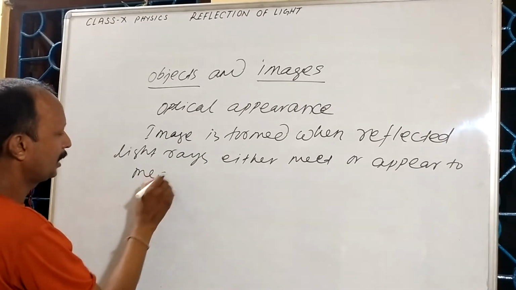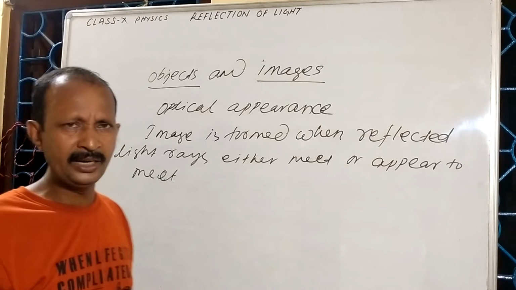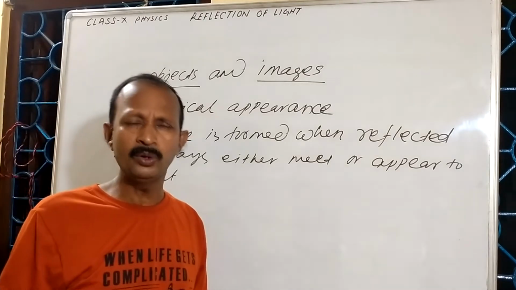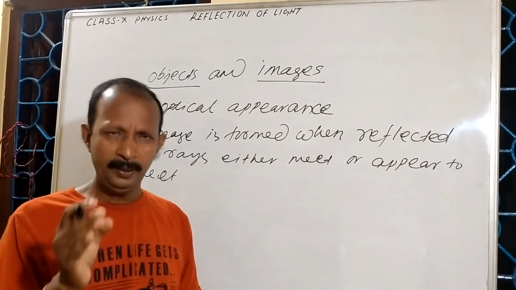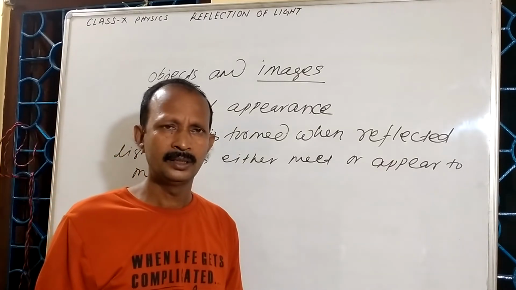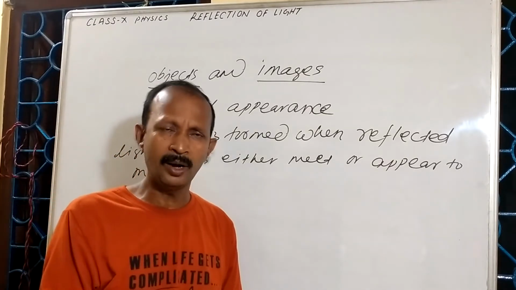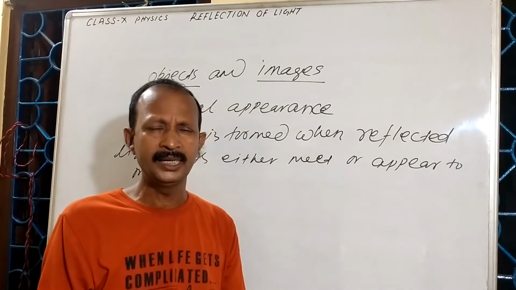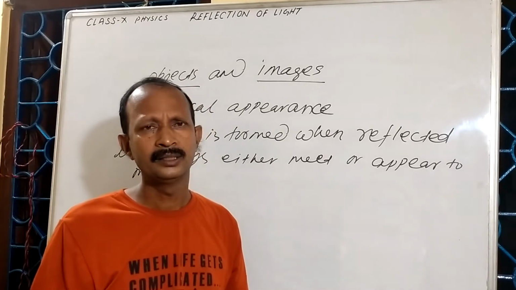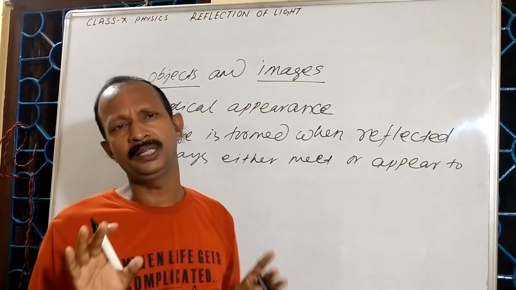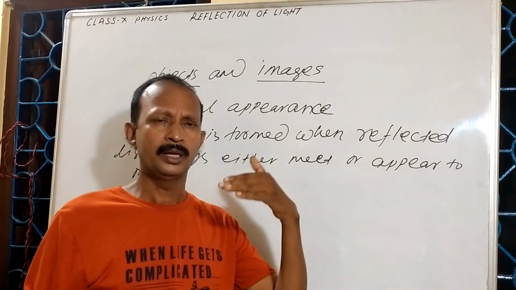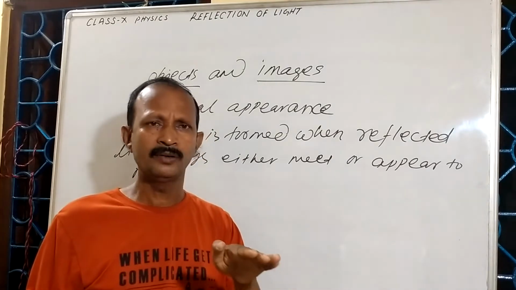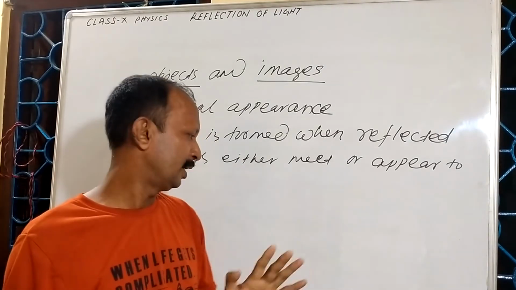If they meet really, it will make a real image. If they meet virtually, or it appears like meeting, then it will make a virtual image. So in this topic we will discuss the real image as well as the virtual image.